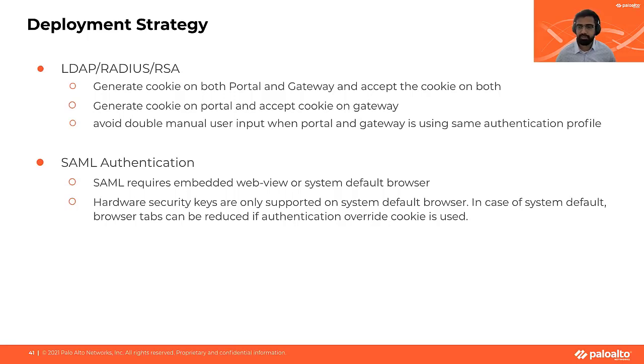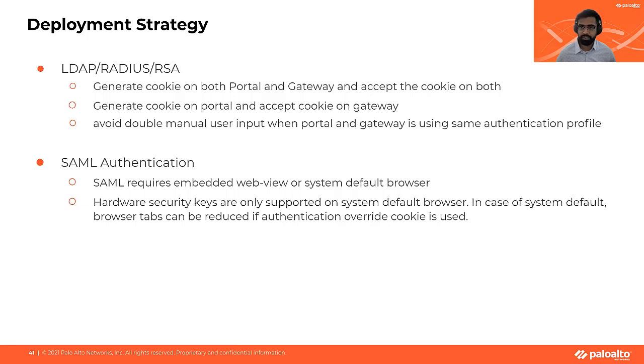And of course, the cookie is only valid for the time span of the setting that you define in the portal and the gateway setting. And the other common option that they have also used is generating the cookie on portal and accepting it on the gateway. So in this case, you are only generating the cookie on portal, so this cookie is still going to be valid for the time span, and it is going to be accepted on the gateway.